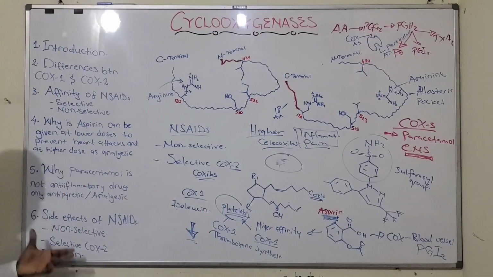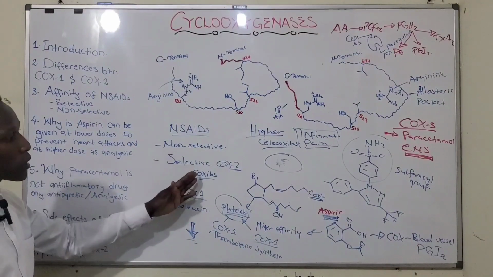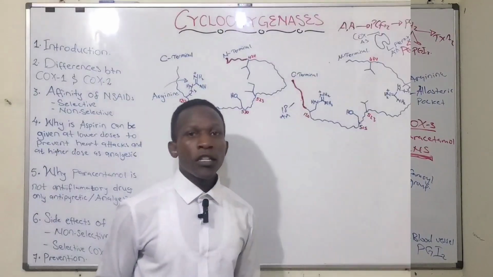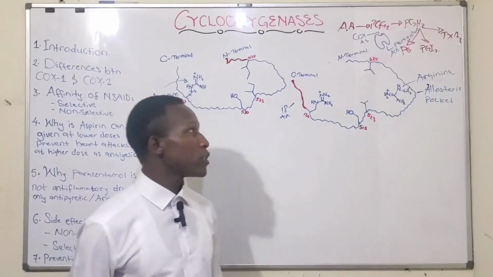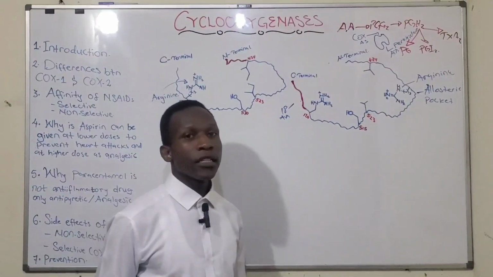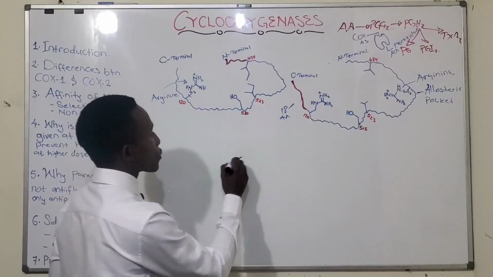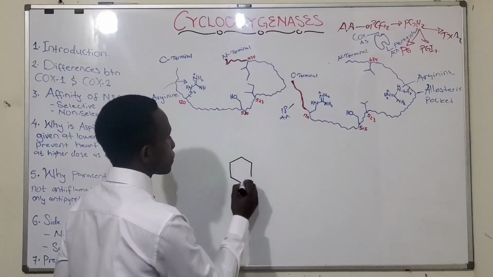Now let's talk about the side effects of these COX1 inhibitors and the COX2 inhibitors. Also know that aspirin is the only NSAID which permanently inhibits the cyclooxygenases. This is the structure of aspirin.